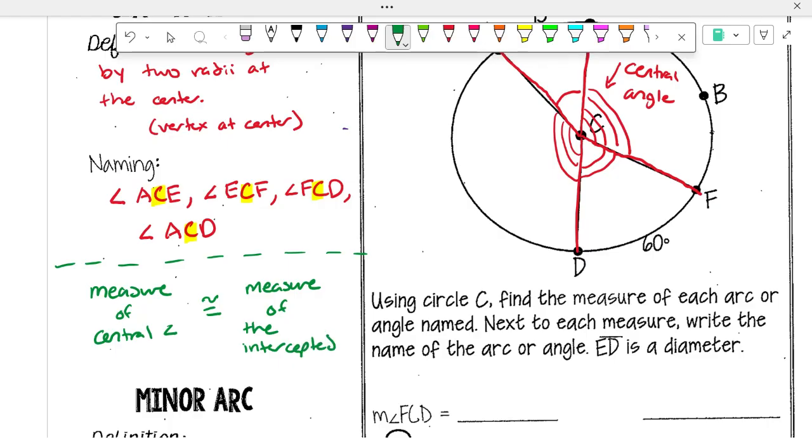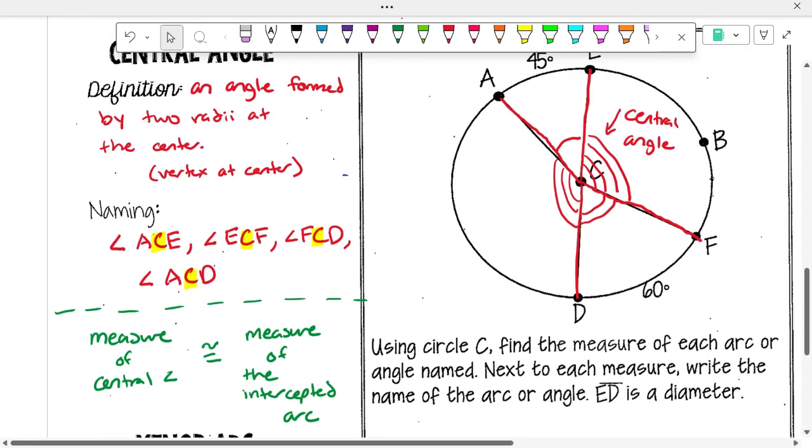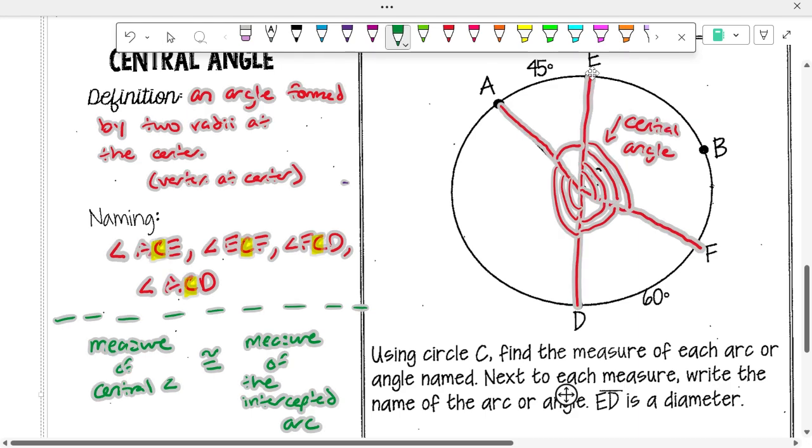Now, basically, the intercepted arc, I like to think of it like the ice cream on the ice cream cone, because the angle itself is the cone.